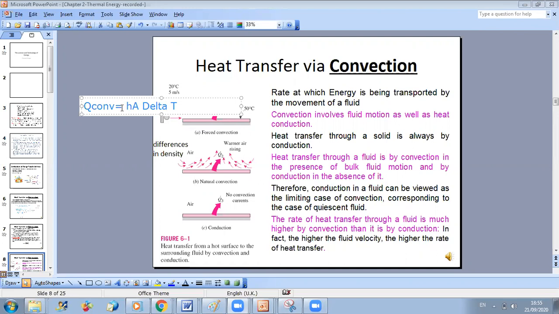It will depend on the fluid properties, it will depend on the velocity of the fluid medium, and many other effects that we will talk about in next slides. Okay, so Q convection is h times the area of contact. So here, if you have contact between solid and the fluid, it's the area of contact between the two. And delta T is the variation in temperature within your flow. Okay, so we will go in detail over this equation in the next slides.